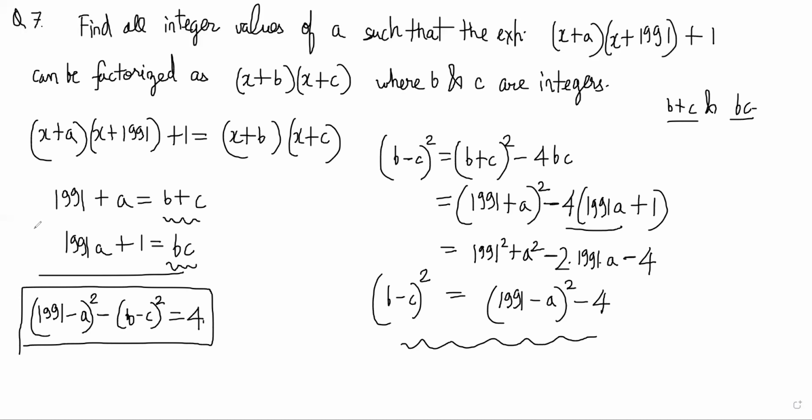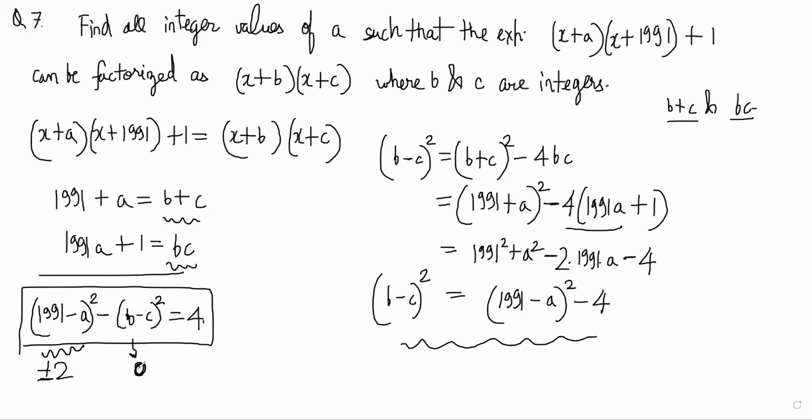I have to consider (1991 - a + b - c) and (1991 - a - b + c), whose product is equal to 4. It's either 2 and 2 or 1 and 4. That is one way to do it. Or you can directly say that this has to be plus minus 2 and this has to be 0. Can we say that?